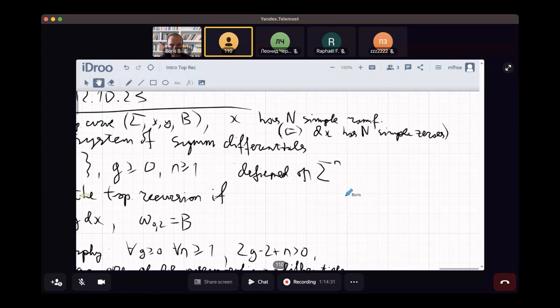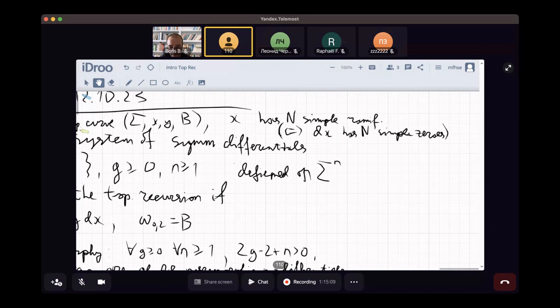In fact, this condition can be lifted. We will talk about this probably closer to the end of the course. This corresponds to a generalization of topological recursion, and there are actually multiple ways to generalize it. Historically, the first way is called the Bouchard-Eynard recursion, which lifts the condition that the zeros of x should always be simple.